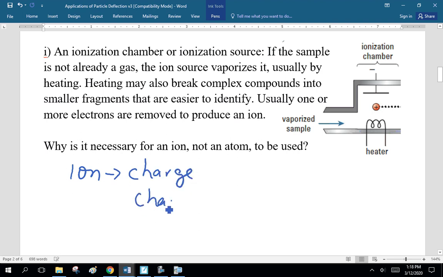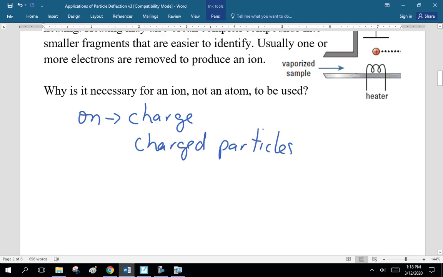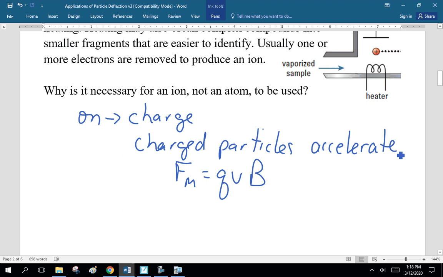Charged particles are accelerated by magnetic force. No charge, no force. Good. Well done. I should say charged particles accelerate under magnetic force.